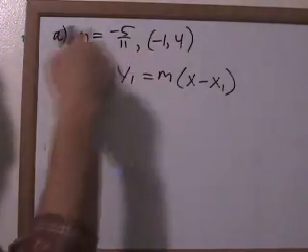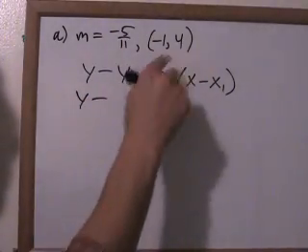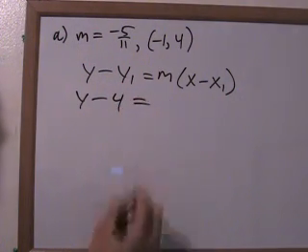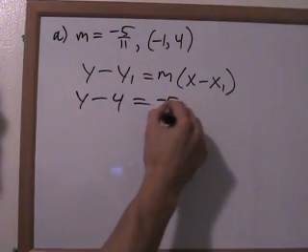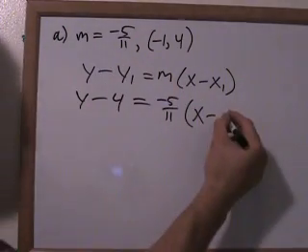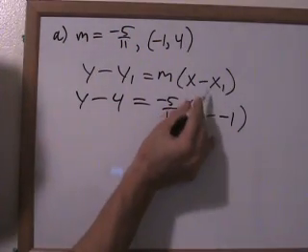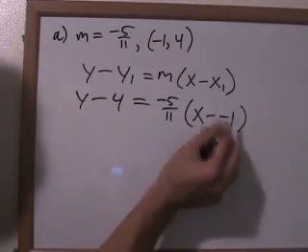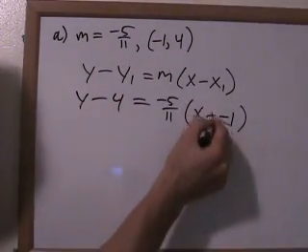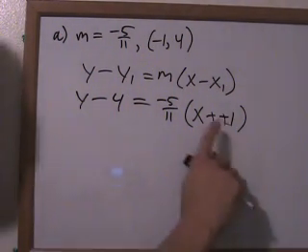If I plug all this in, I get y minus my y1, which is 4, equals m, which is that, times x minus my x1, which is negative 1. There's a double negative going on right there, because this negative is this one and this is the x1, so these become positive. Let me write this again without the two positives.